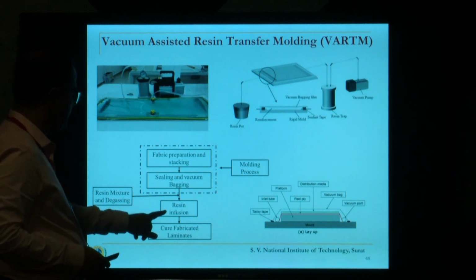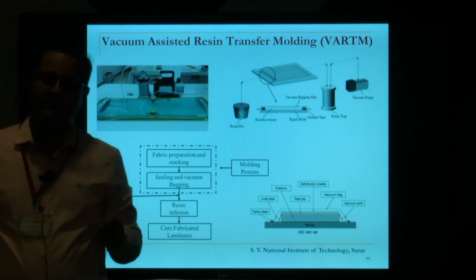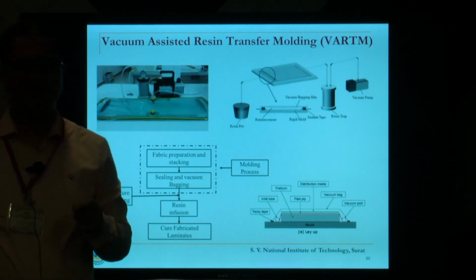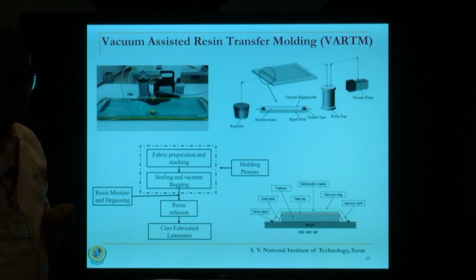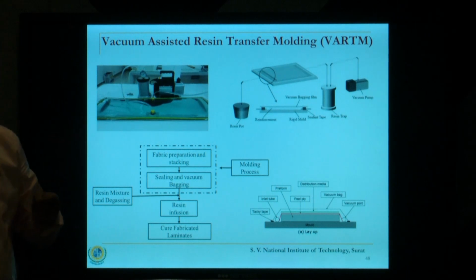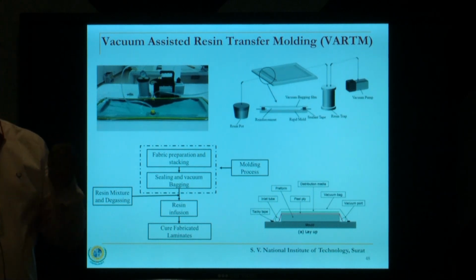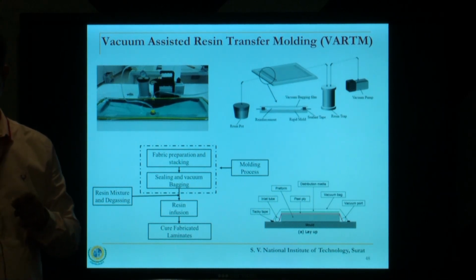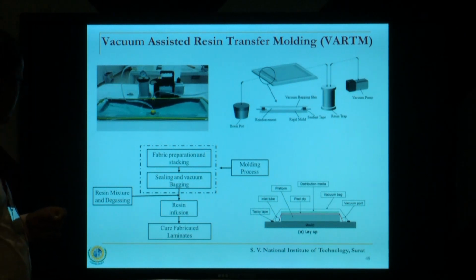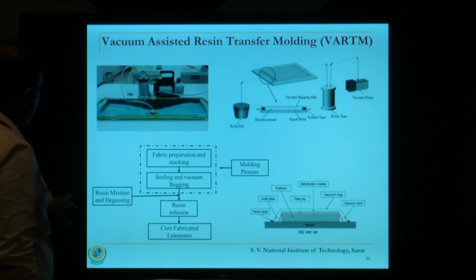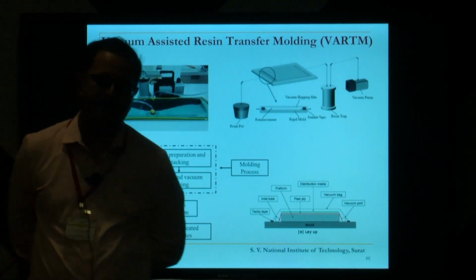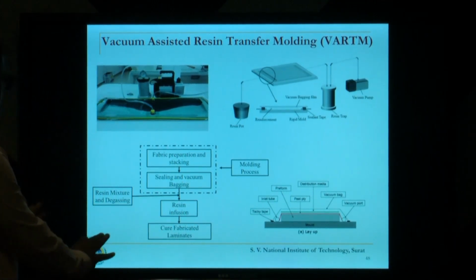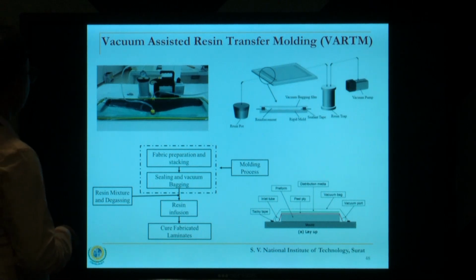So, for that I will need to decide what would be the quantity, what would be the proportion of hardener or other additions into this resin, so that I do not make it too viscous, or I reduce its viscosity to a lesser value. And once that is done, I infuse the resin into it, eventually I get the fabricated laminates. So, that is how this is being done.